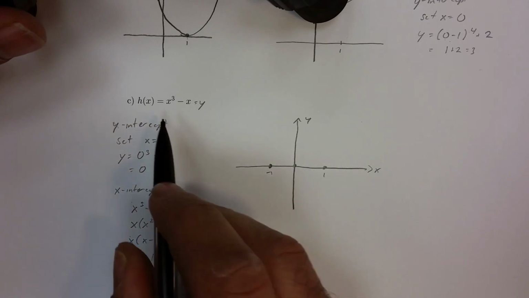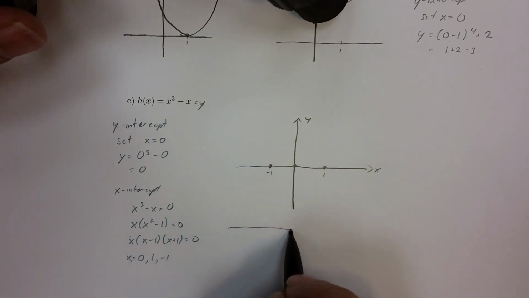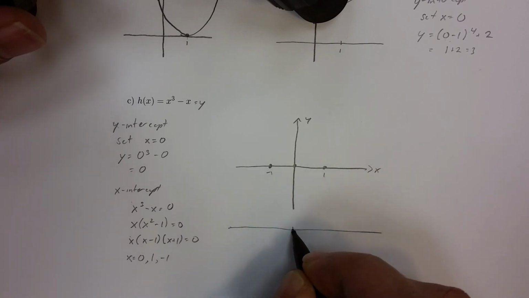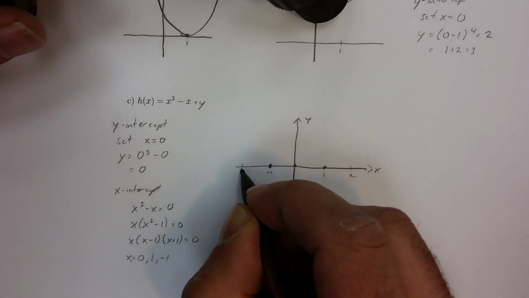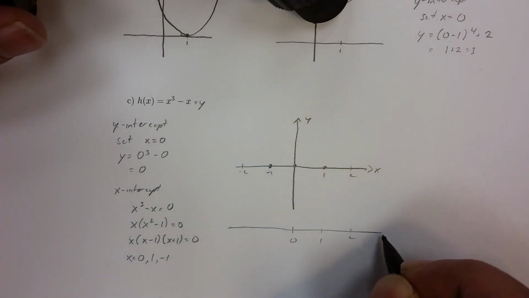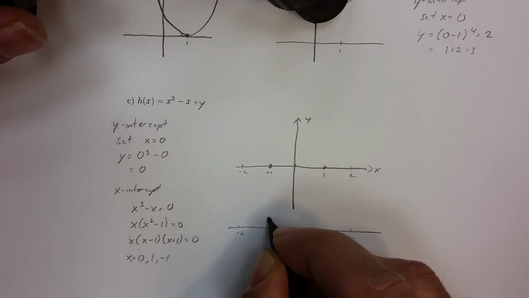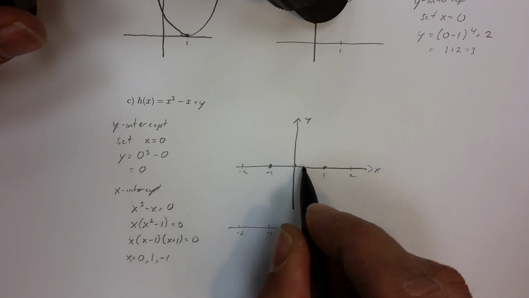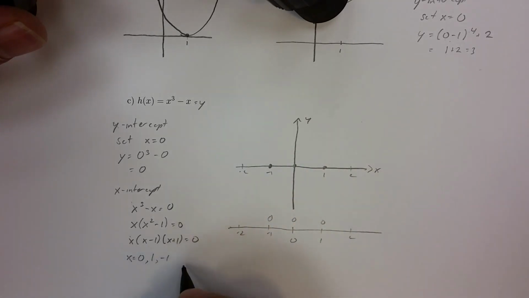Let's do a sign chart for x cubed minus x. I'll put my sign chart directly below my curve. So 0, 1, 2, minus 1, minus 2. And I can see that the height is 0 there, there, and there, at minus 1, at 0, and 1. We worked that out already.